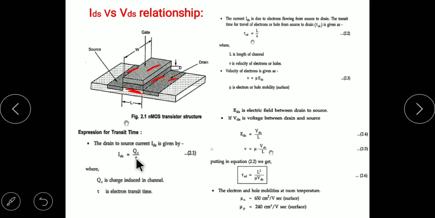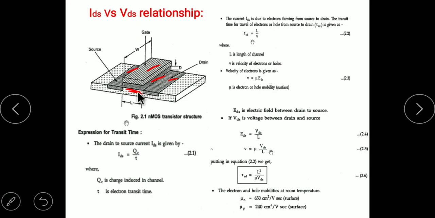Then I is equal to Q by tau, or from the relationship Q is equal to IT, I is equal to Q by T. So IDS, the drain to source current, is equal to QC divided by tau, where QC is the charge induced in the channel and tau is the electron transit time.